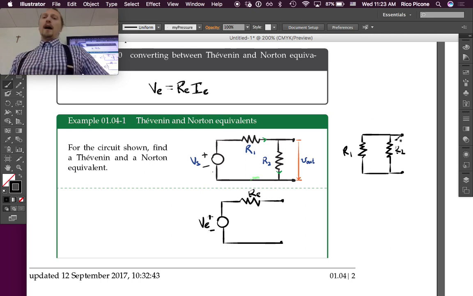And so how do we combine these two resistances to come up with our RE? Isn't it just R1 plus R2? Because they're in parallel, not series. So it's the other one, right? R1 R2 over R1 plus R2. Yeah.